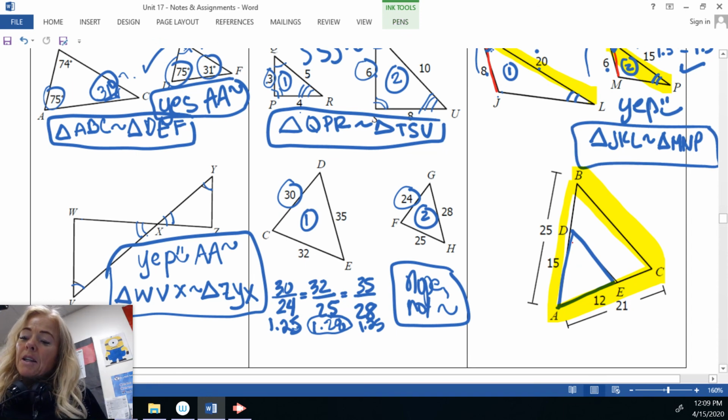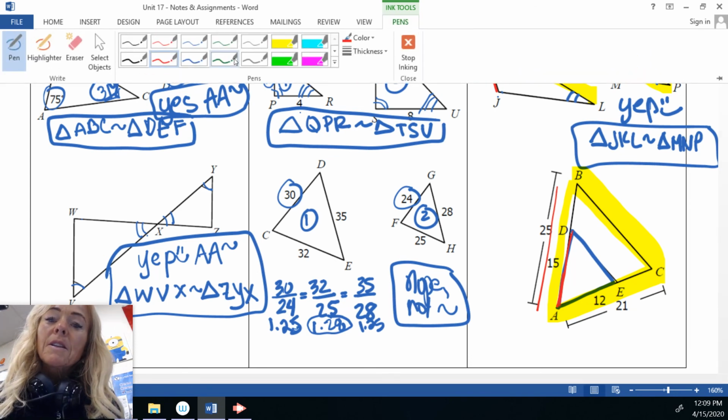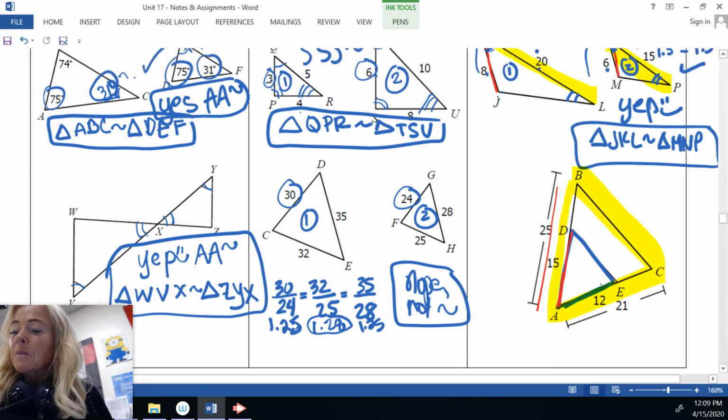But you can see that this side right here should be proportional to that side, so small to long. And then this small side should be proportional to the long side. In your head, you're going to have to separate the two, though, to see that.